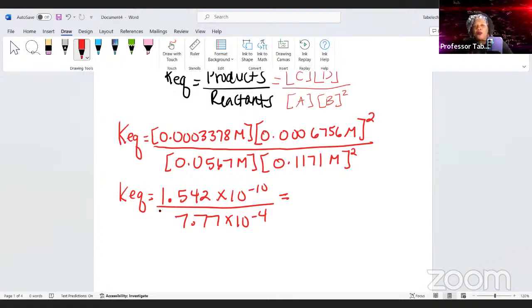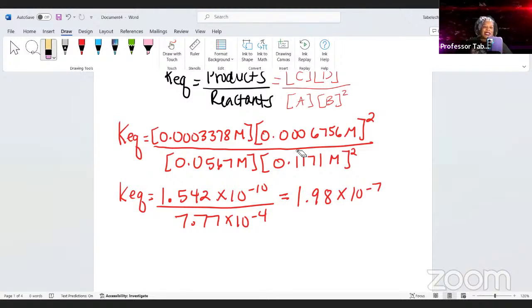So now I'm going to plug in that top number again, 1.542 times 10 to the negative 10th power divided by 7.77 times 10 to the negative 4th power. And I only need 3 of those digits, so I get 1.98 times 10 to the negative 7th molarity. I'm sorry, actually the molarity, the M goes away.